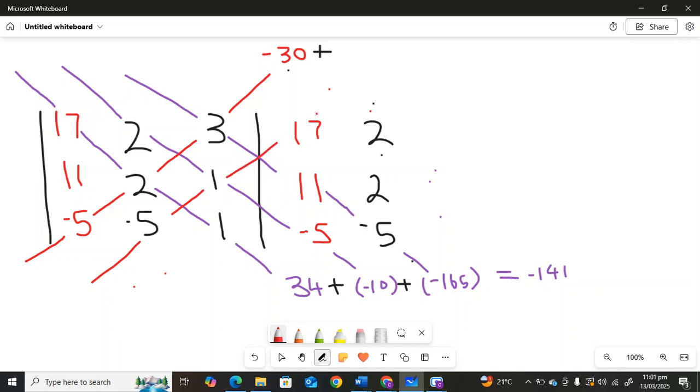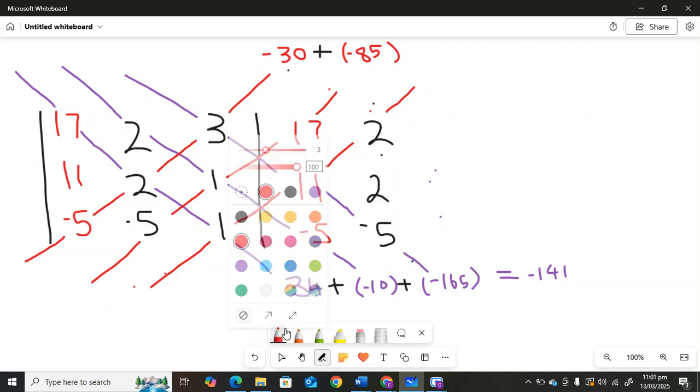Negative 5 times 17, negative 85. Plus 1 times 11, 11 times 2, 22.